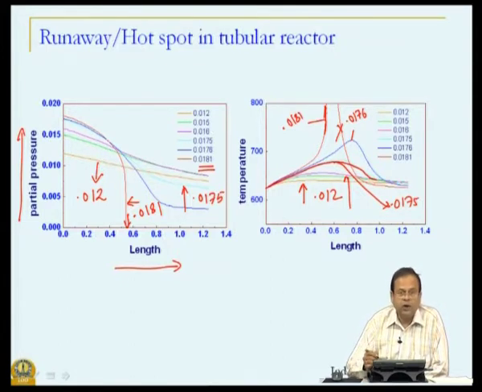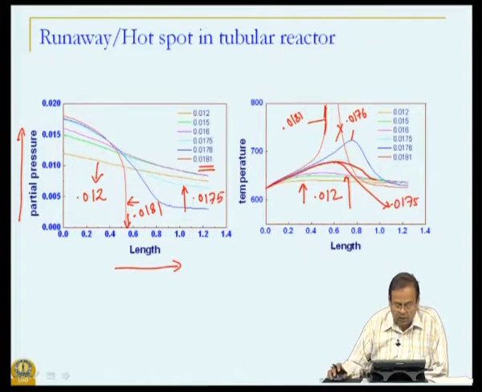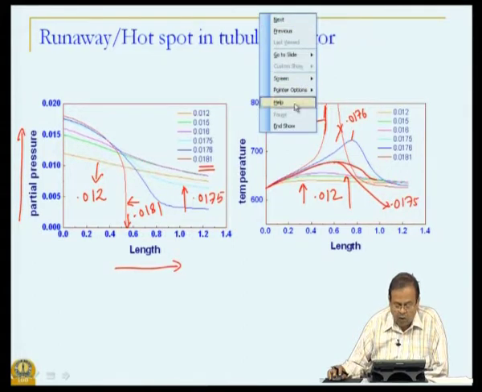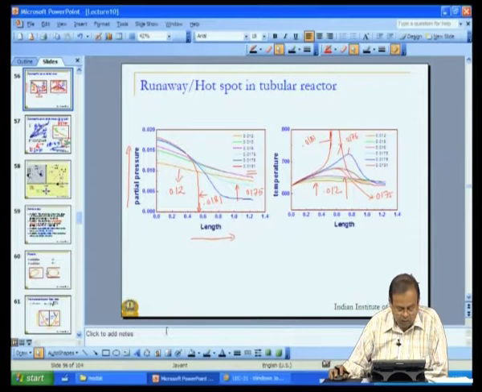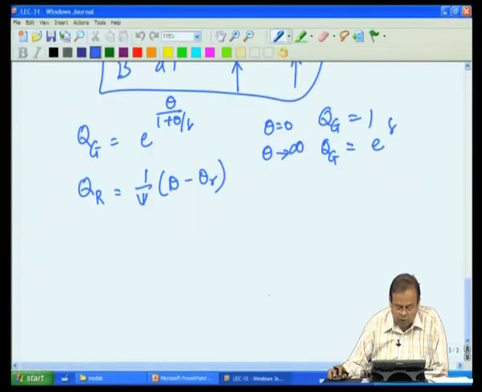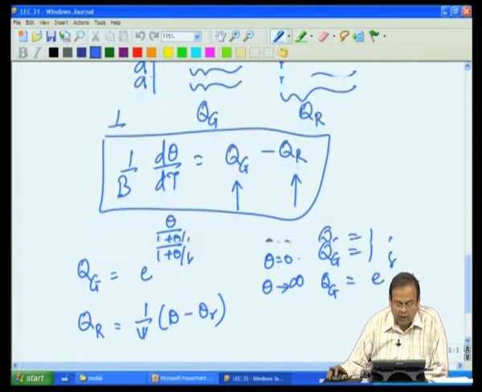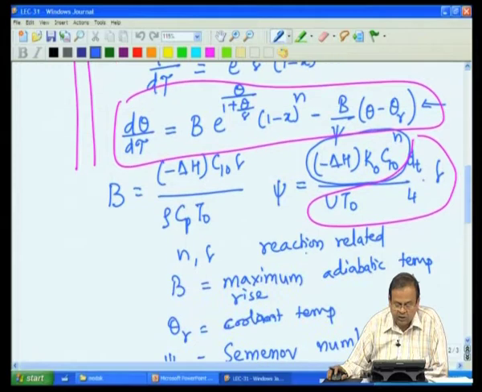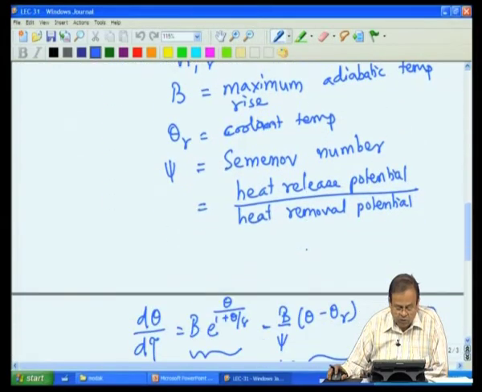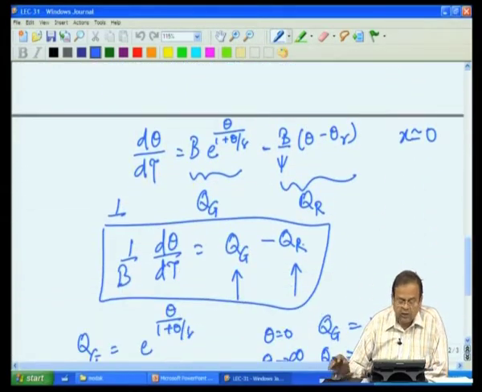And we were trying to analyze this behavior in terms of the heat behavior, and for that we wrote our mass and energy balances, which we could represent in terms of heat generation term and heat removal term.